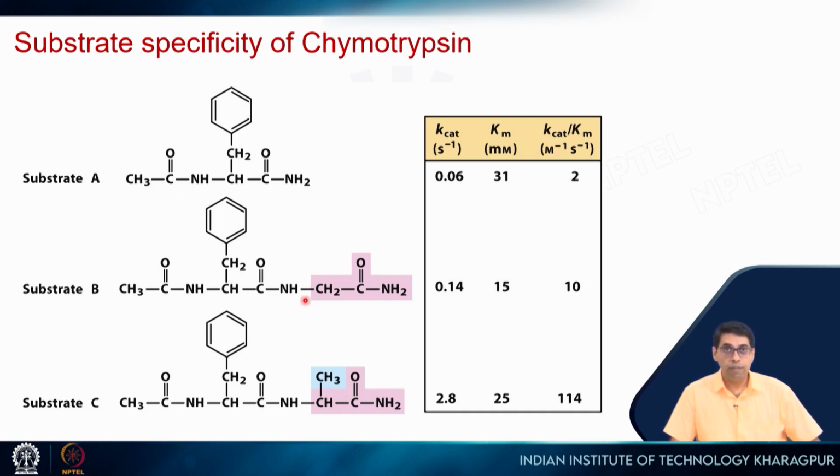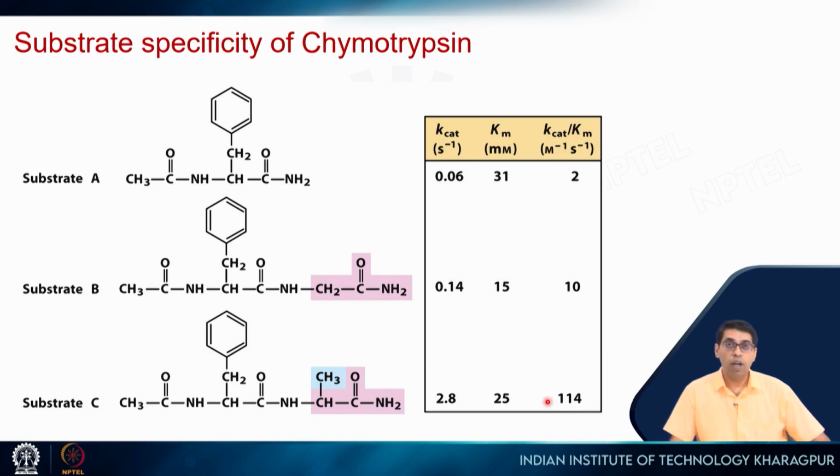Instead of that, if we have this alanine and the carbonyl group is protected by NH2, this is glycine. In this case, kcat is 0.14, Km is 15, and the specificity, the kcat over Km value, has increased from 2 to 10. If we put alanine, which has a bigger, more bulky group, which means that this binds even better, now you see that kcat over Km has increased to 114.